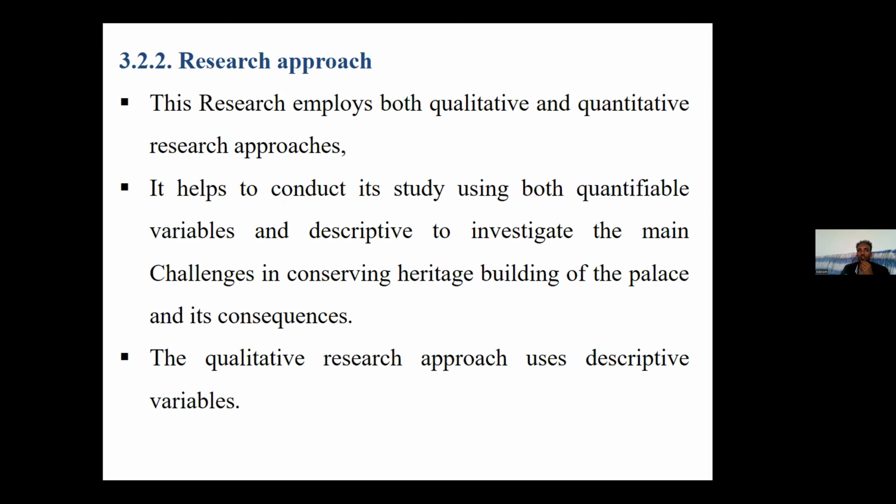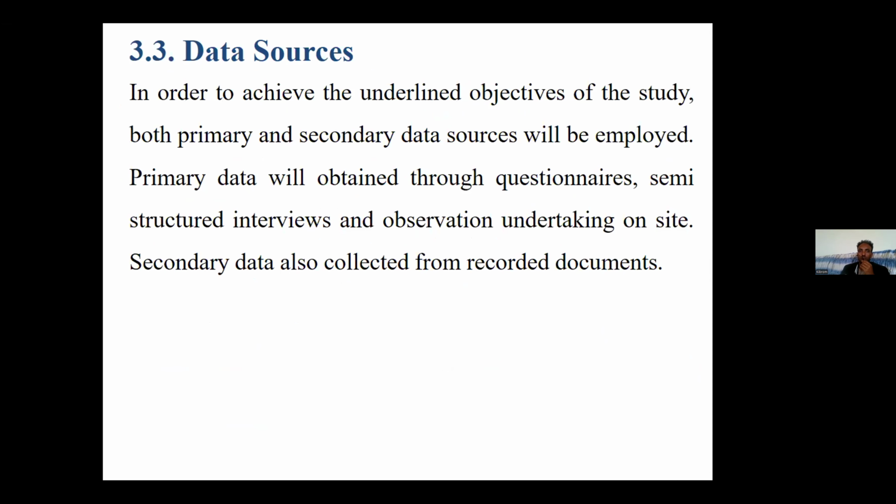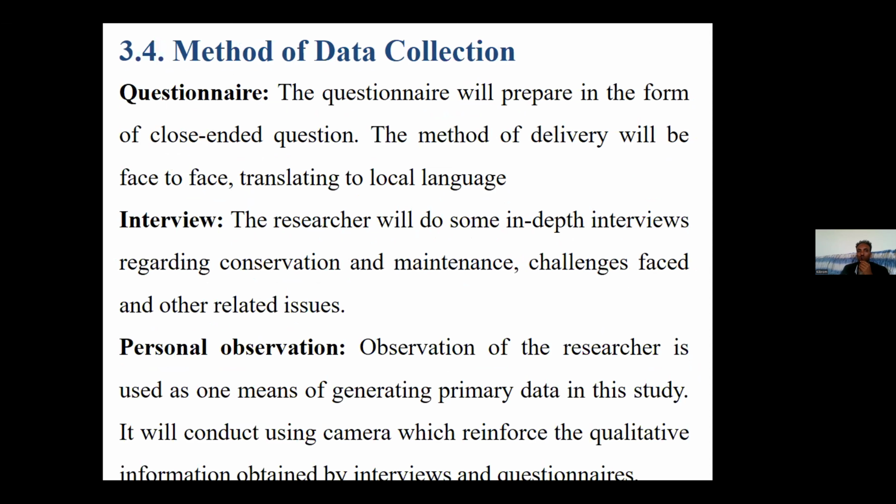When you see the research approach, it helps to conduct its data using both quantifiable and descriptive variables. It investigates the main challenges in conserving the heritage building of the palace. The qualitative research approach uses descriptive variables. The data source is both primary and secondary.